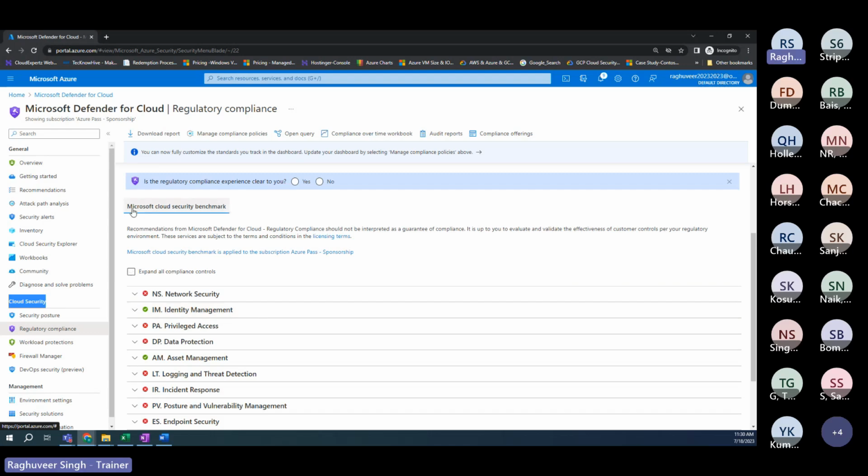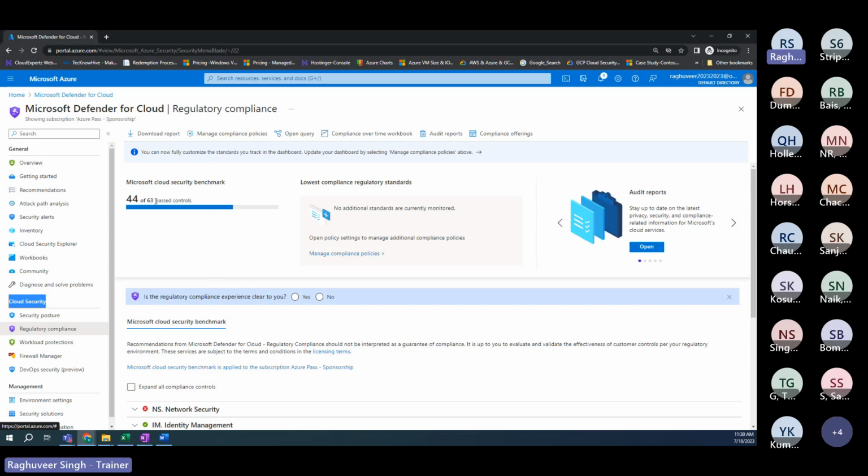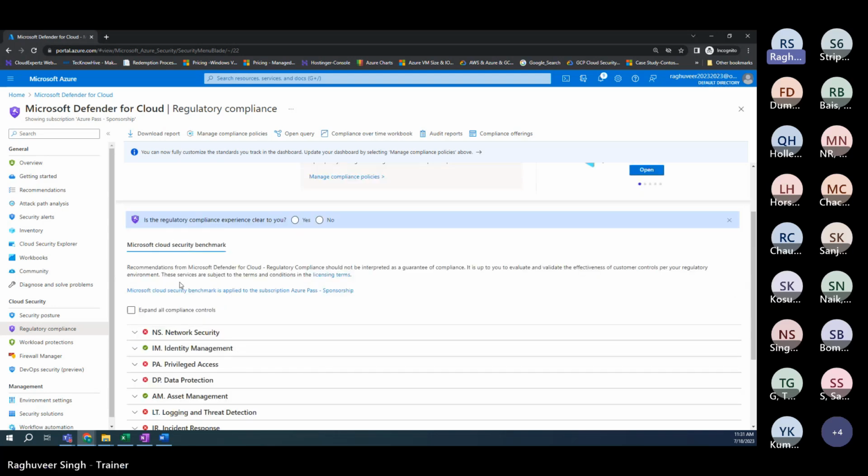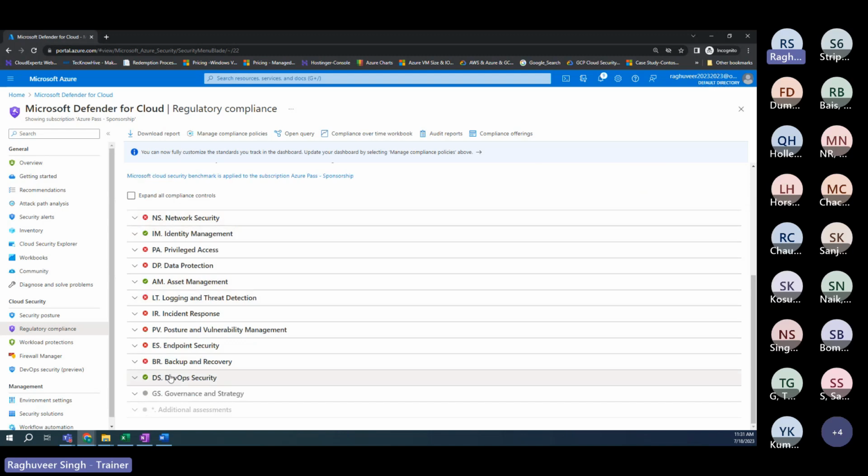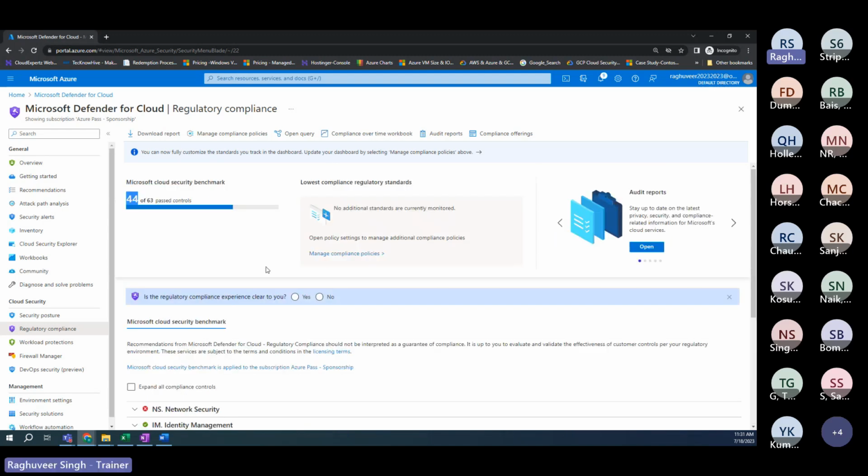Right now, it shows me the status of Microsoft Cloud Security Benchmark. It shows me that there are 63 controls. Out of them, 44 controls are passed, and the remaining 19 controls are failed. And those controls are part of one of these domains. So we'll get back to the screen later, but this is where we see the compliance.